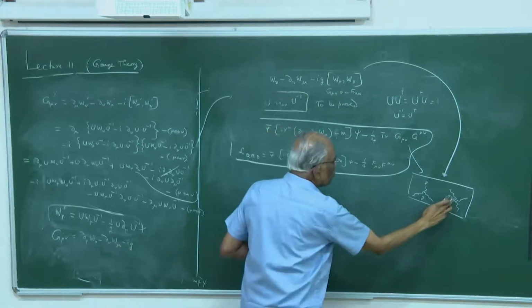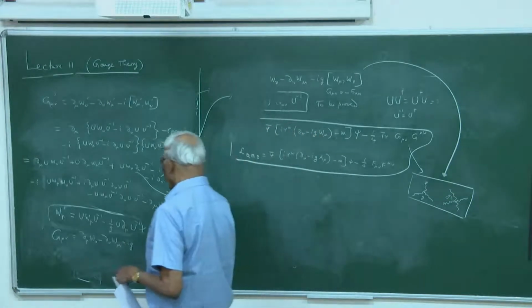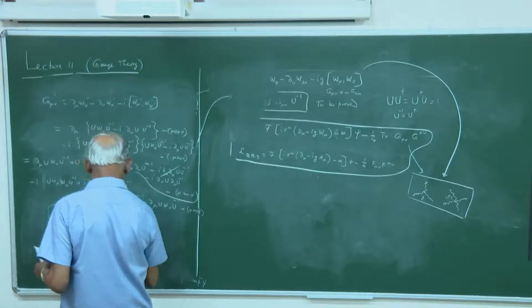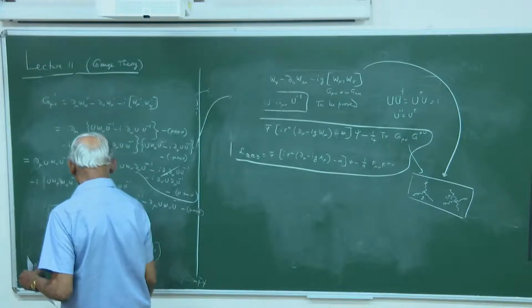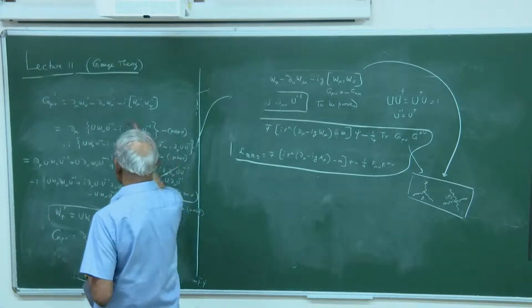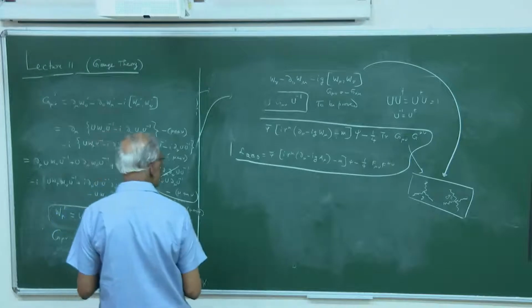So this is G squared, and this is G. So these are the 2 basic equations. Let us keep them. And we transform this, and we have written down the G mu nu prime. So I have to deal with this now.